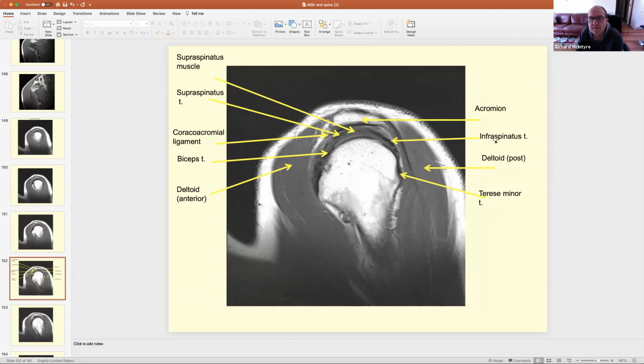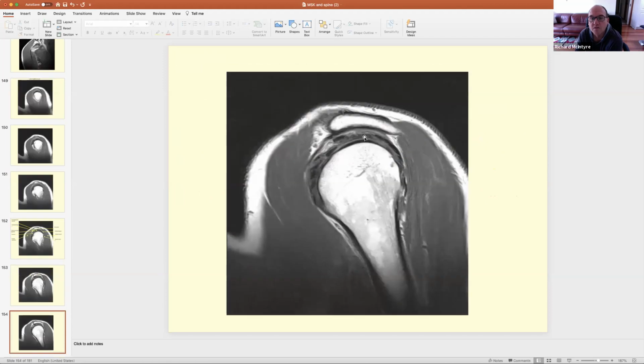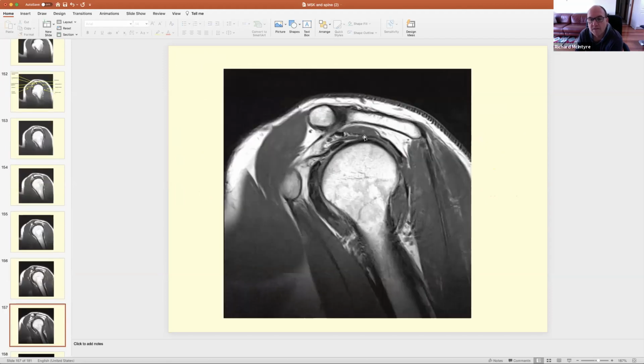Infraspinatus, okay, and so now we're looking at it from the sagittal, okay, so we're looking from outside through the shoulder, okay, and if we're looking from the lateral aspect, we can see all these tendons, okay, and they're all coming out laterally to insert onto the greater tubercle of the humerus, or thereabouts.